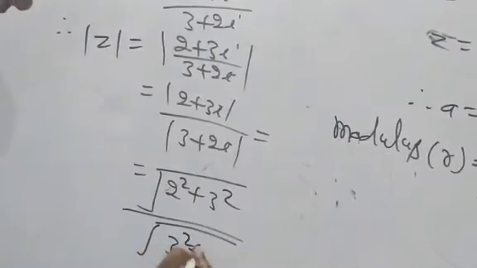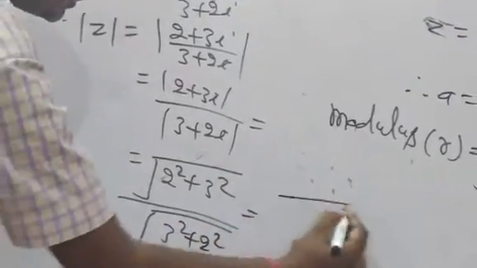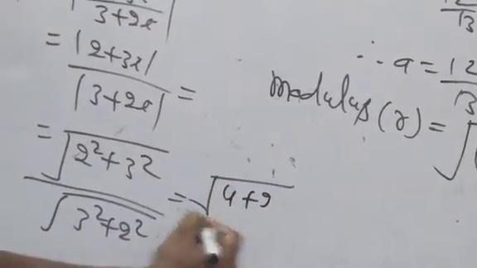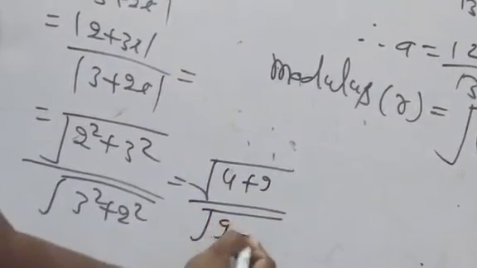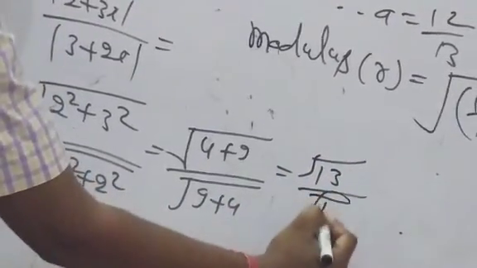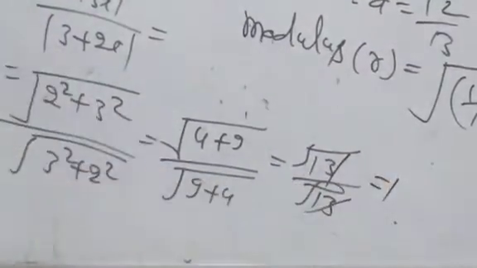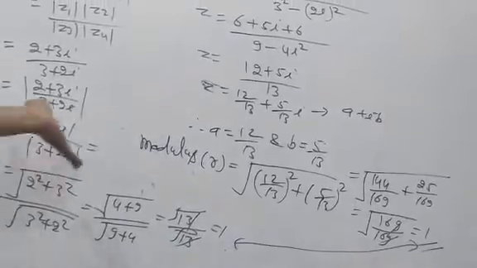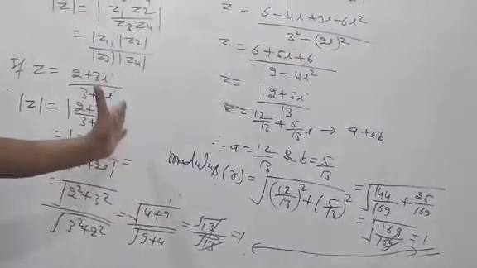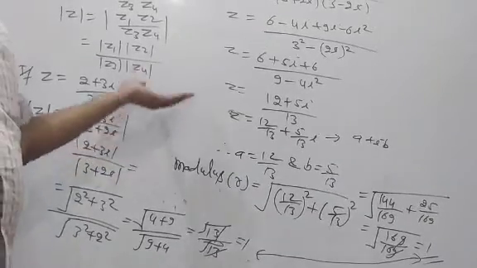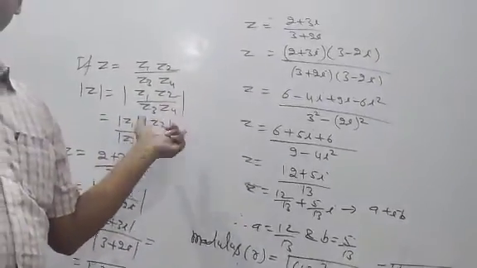Under root 3 square plus 2 square, is equal to what? 2 square is 4, 9, whole upon what? 9 plus 4, under root 13 upon under root 13, 13 cancels, is equal to 1. Now we can see here both are the same. So whatever is simple for you, you can apply this formula. But according to myself, the property is very simple.